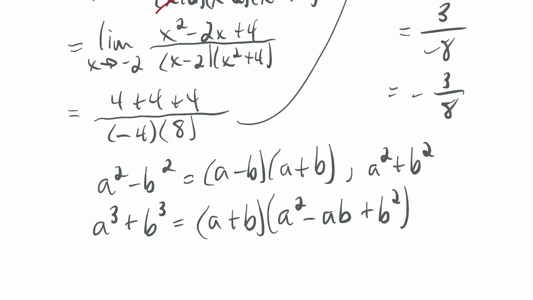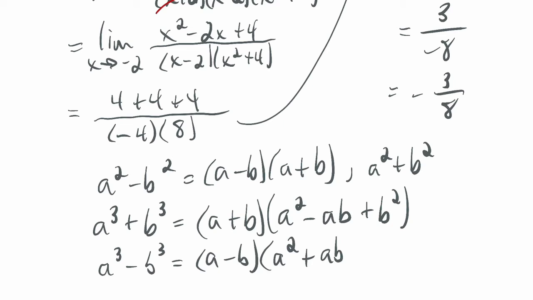Okay, and then a difference of cubes also factors. So a minus b times a squared plus ab plus b squared. I believe that's correct.